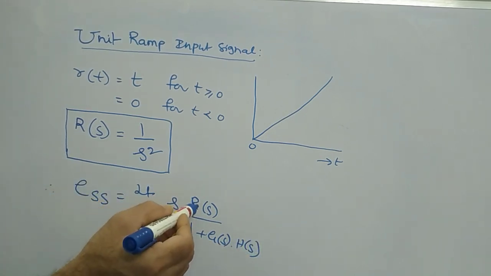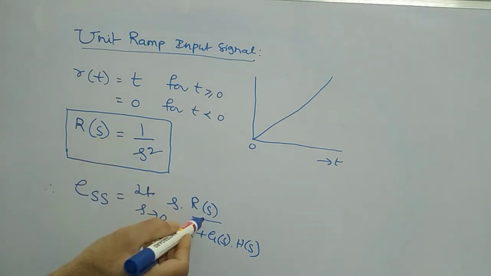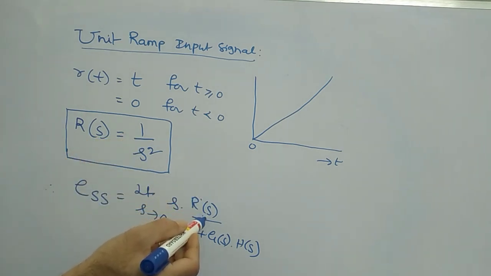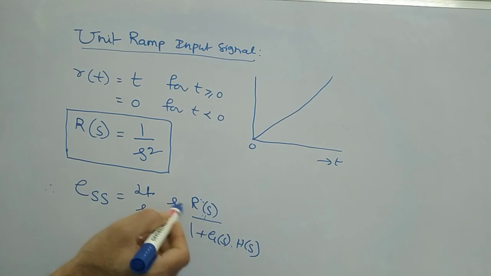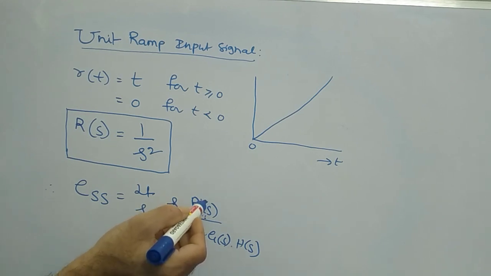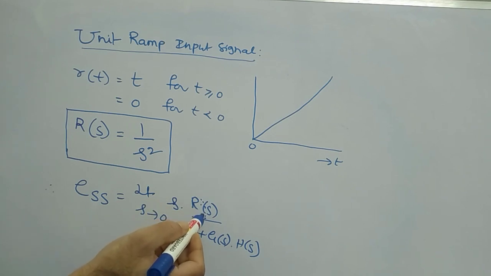Here in the R of s place, 1 by s square is substituted. So s into 1 by s square, s will be cancelled out, and 1 by s will be there. That s you bring to the denominator, so s plus s into G of s into H of s will come.